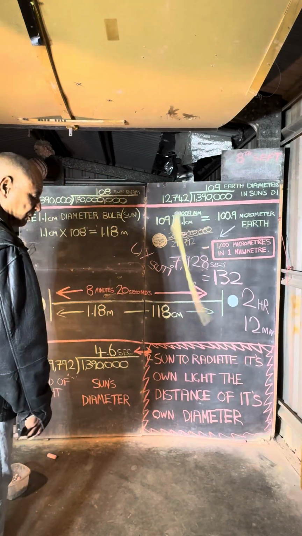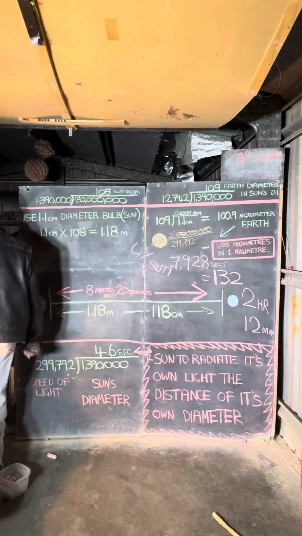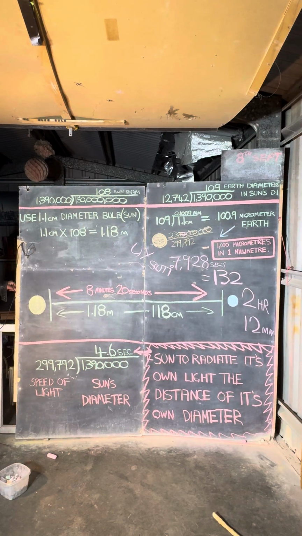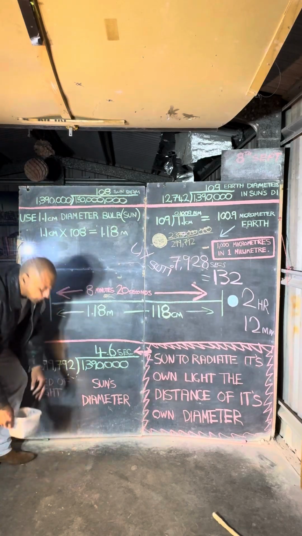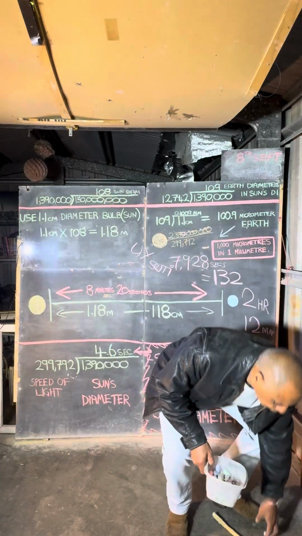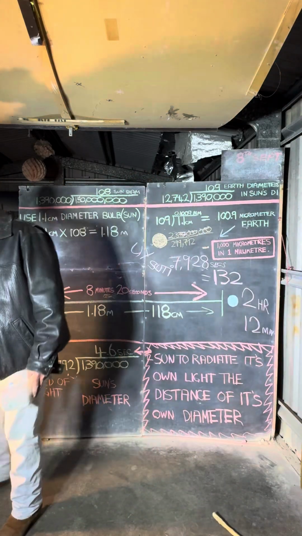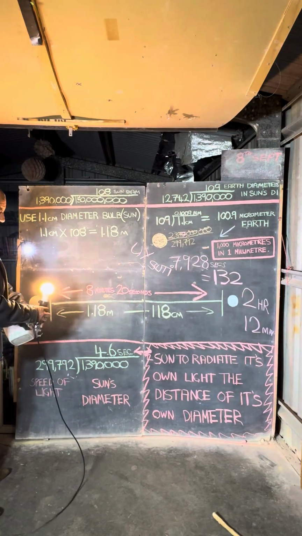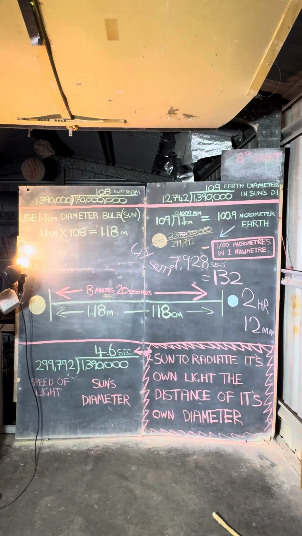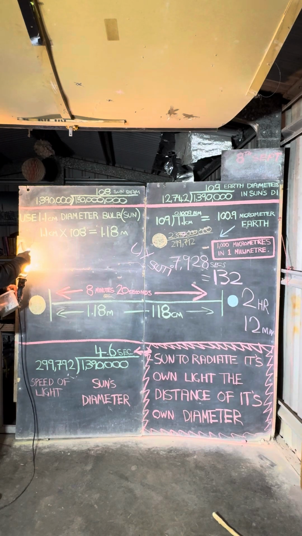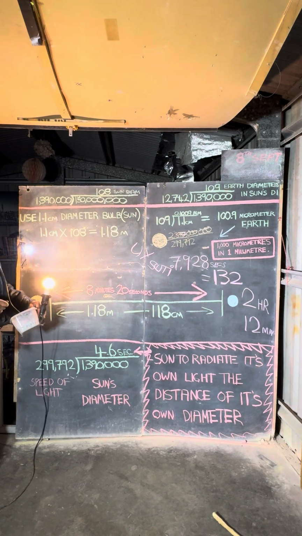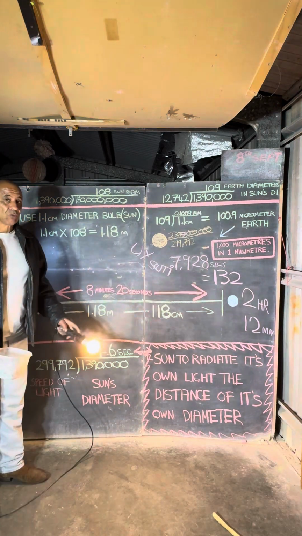There you go. If you think there is any scenario where a light source, it doesn't matter how big or small, would take 4.6 seconds to radiate its own light the distance of its own diameter, it's ridiculous.